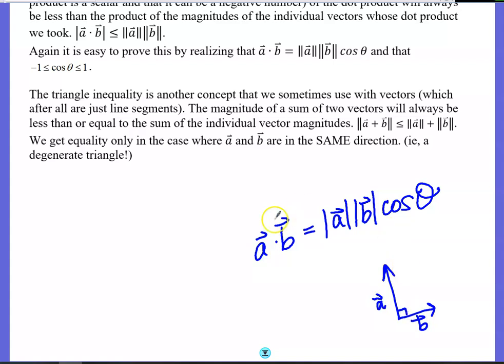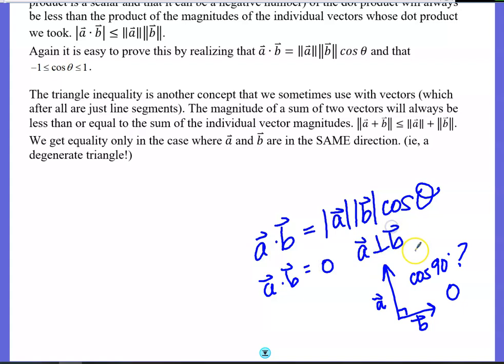So if this relationship is true for dot product, which it is, then to find the dot product, I would take the length of A times the length of B times the cos of theta. If that theta is 90, you guys remember what the cos of 90 is? Yeah, it's 0. So that would make this whole thing 0 no matter what the lengths are. So if your dot product comes out to be 0, you know that the two vectors are perpendicular.